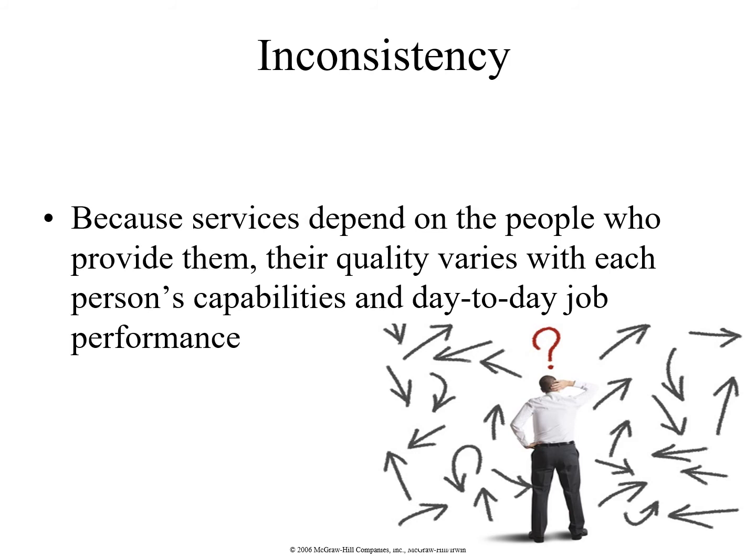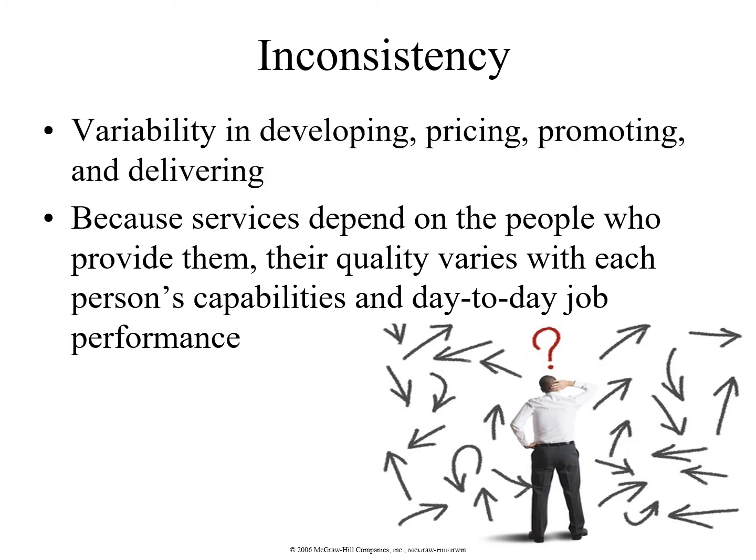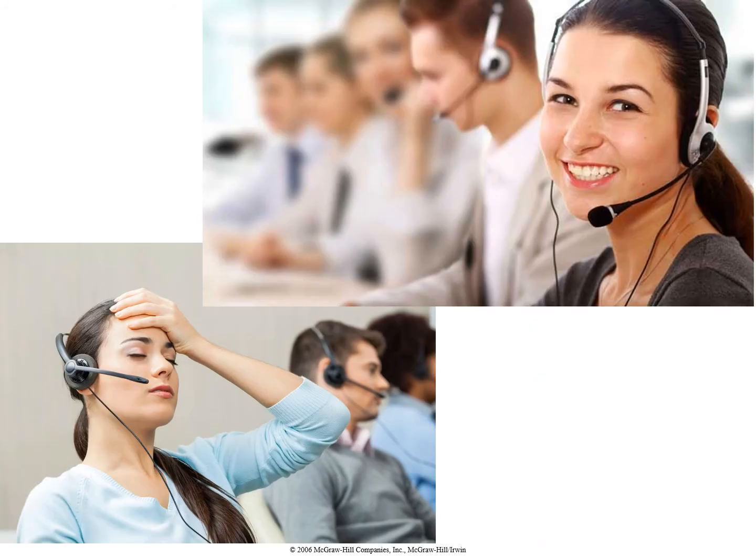But in case of services, because these depend on the people who provide them, there's not going to be consistency. There's inconsistency in developing, pricing, promoting, and delivering the service. There's variability in all of those because there are people involved. Okay, so now we're going to again discuss a few examples.